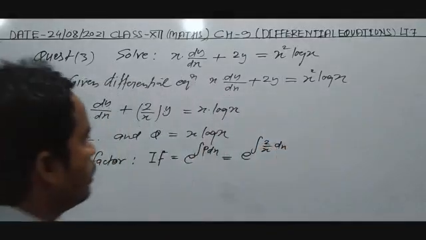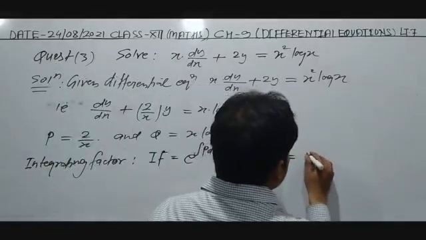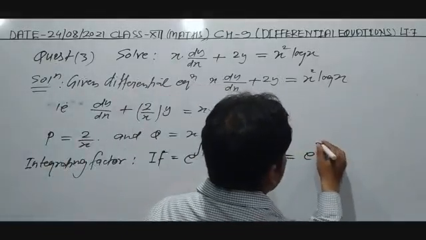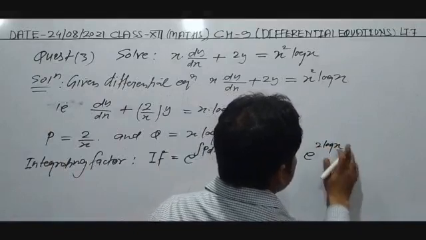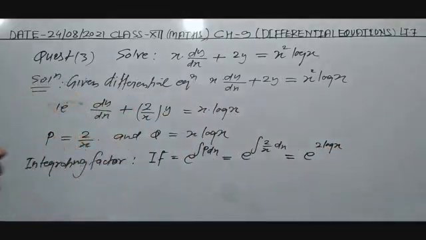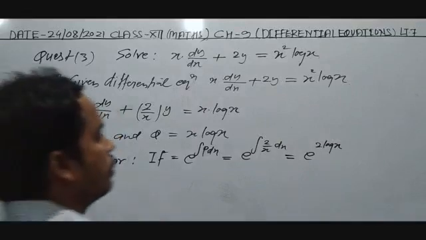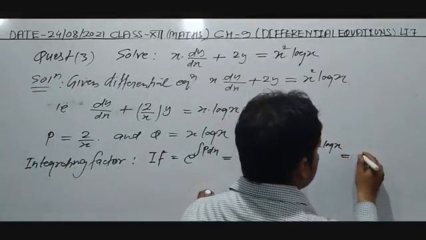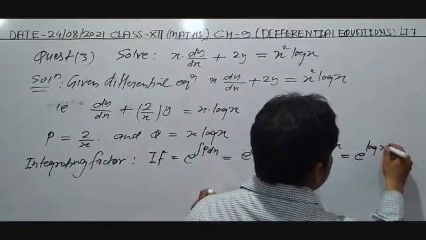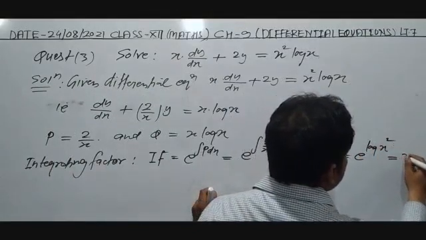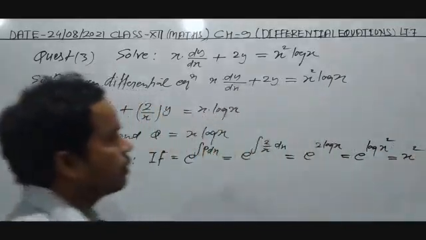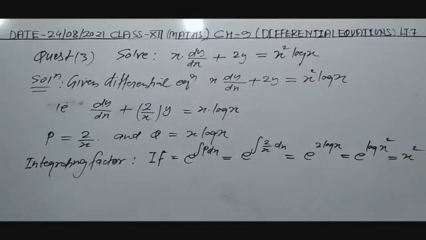So you can write e to the power 2 times log x, and m log n is log m to the power n. So its result will be e to the power log x whole square, and the result will be x square only, because you know the formula e to the power log x is x. So the integrating factor is x square.